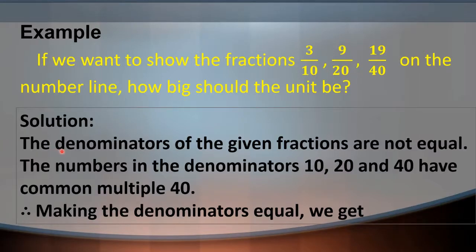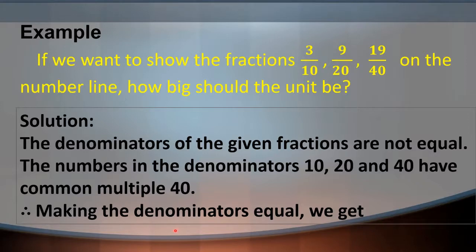The denominators of the given fractions are not equal. So here the numbers in the denominators are 10, 20 and 40, which have a common multiple of 40.